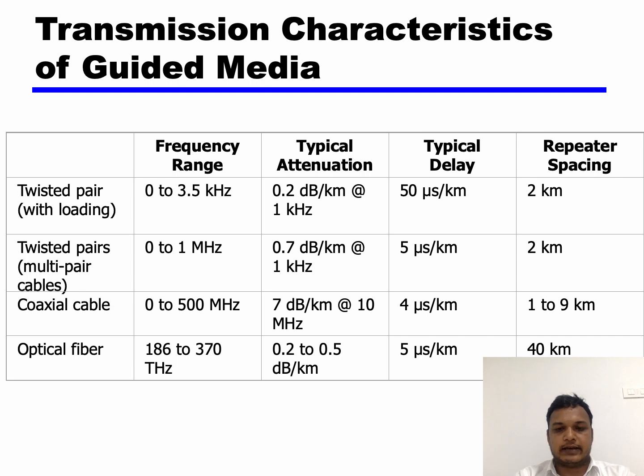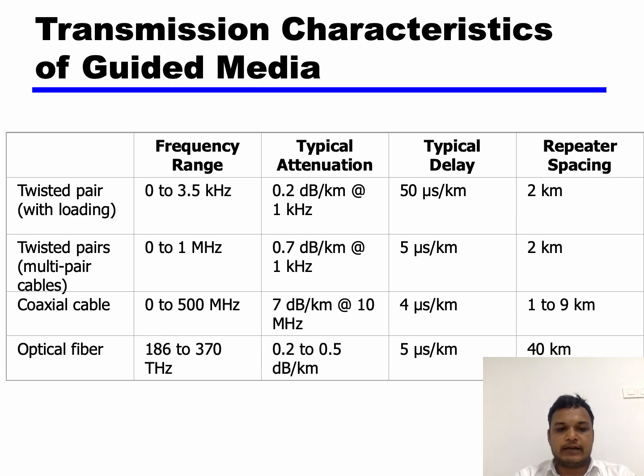As far as twisted pair cable with loading is concerned, the delay is comparatively very low, and the repeater recommended is similarly 2 kilometers. The coaxial cable has a frequency range of 0 to 500 megahertz, the attenuation is 7 dB, and the typical delay is 4 microseconds. Even though the attenuation is very high compared to twisted pair cable, the delay produced by coaxial cable is very low, and the repeaters recommended are 1 to 9 per kilometer.